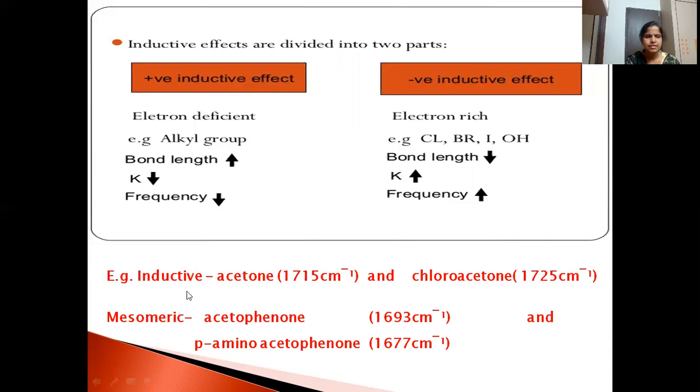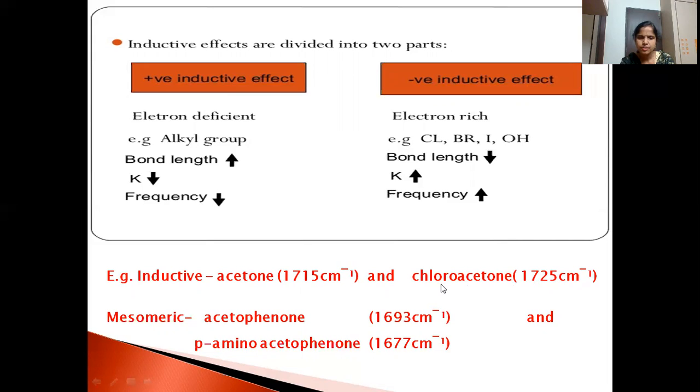You can see an example here, acetone. Acetone shows C=O stretching vibrations at 1715 cm⁻¹. Whereas in another example, chloroacetone, where we have chlorine at the alpha position, it shows an increase in the C=O stretching vibrations. Why does it show an increase?